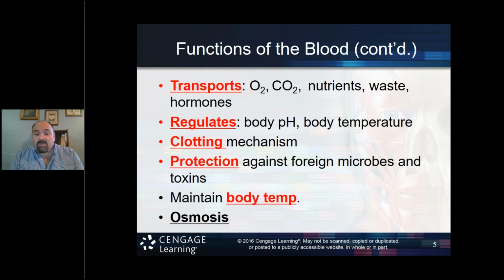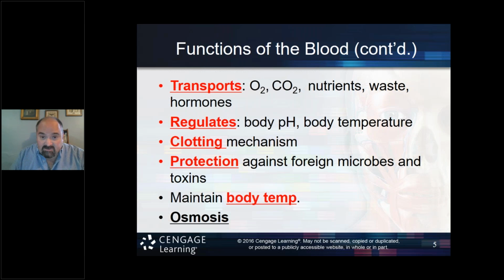Functions of the blood. We kind of have an understanding of this, knowing that even as a layperson, oxygen and CO2 are transported via the blood, whether it's oxygen from the lungs, from the pulmonary circulation into systemic circulation to the tissues.